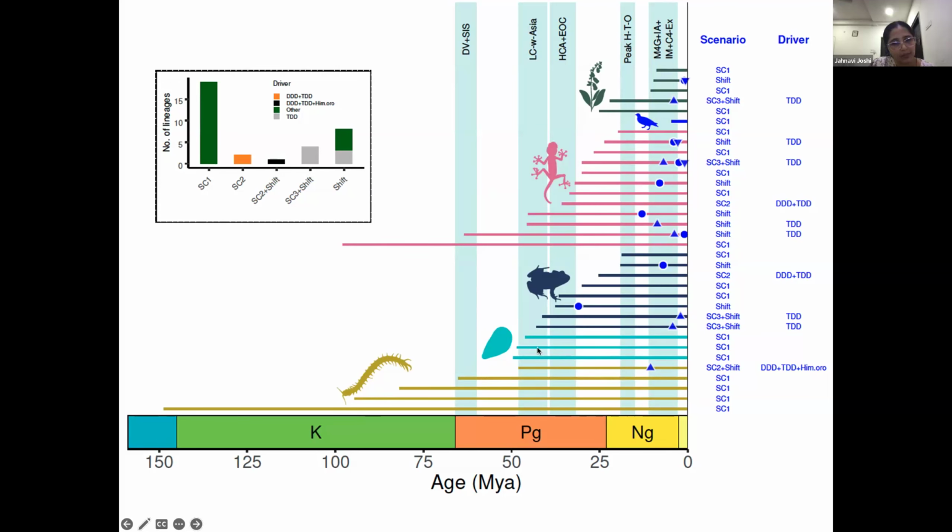This light blue is for mollusks. All of them show gradual accumulation. In amphibians and reptiles, it was a mix, both time varying as well as constant diversification. Birds show constant accumulation, and plants also had both time varying as well as constant diversification.